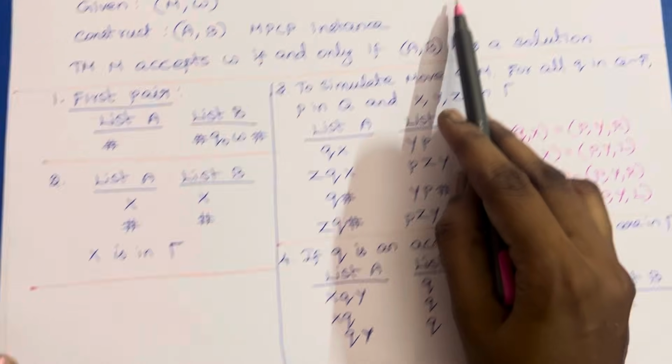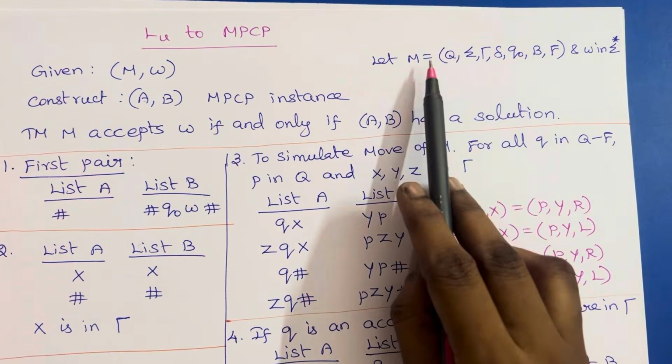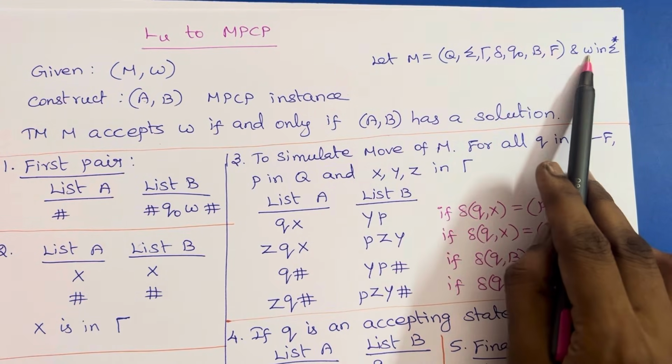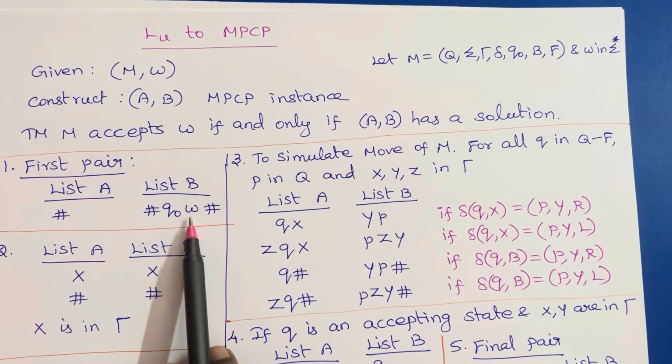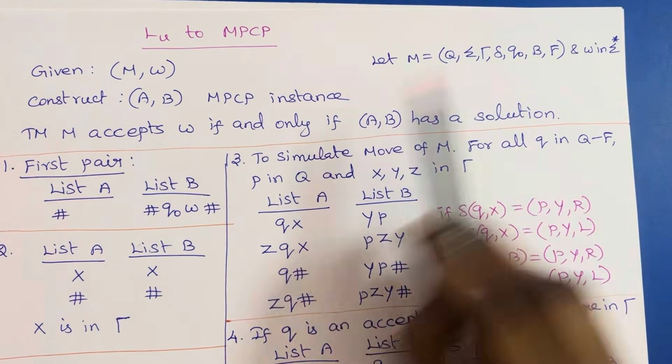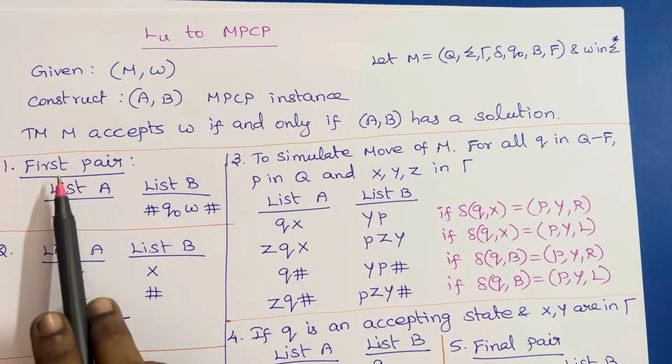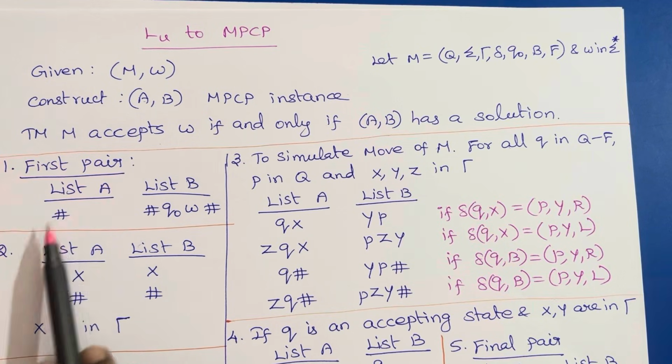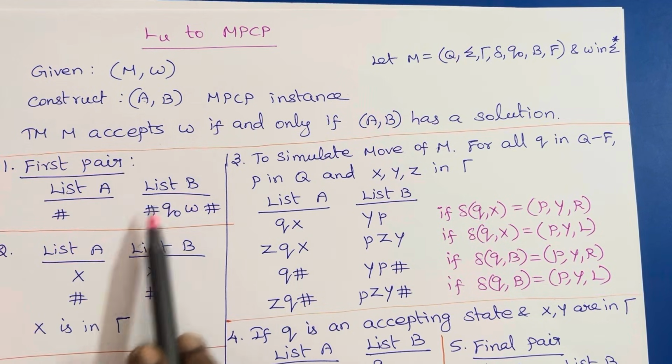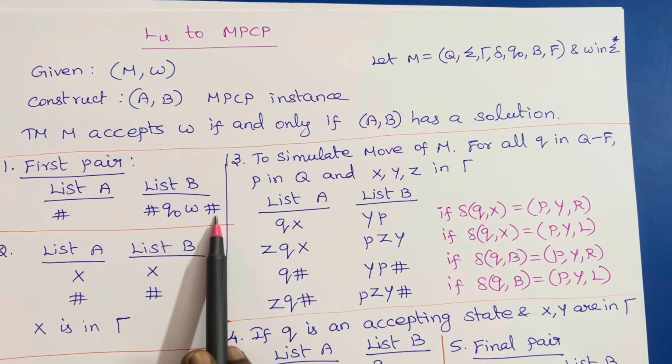Here W means the input string, and Q naught is the start state. So in the first pair, list A should contain hash, and list B should contain hash Q naught W hash.